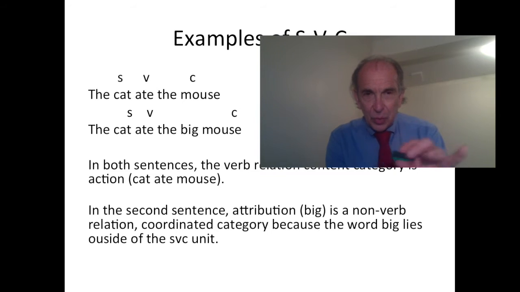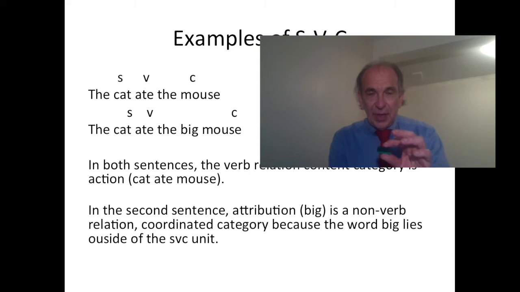Now there are extra words there, and they have content too. But anything extra represents a non-verb relation content category. Now let's look at the next sentence, very similar to the first, but a little different. The cat ate the big mouse. What's the SVC? It's the same as the first one: cat ate mouse.